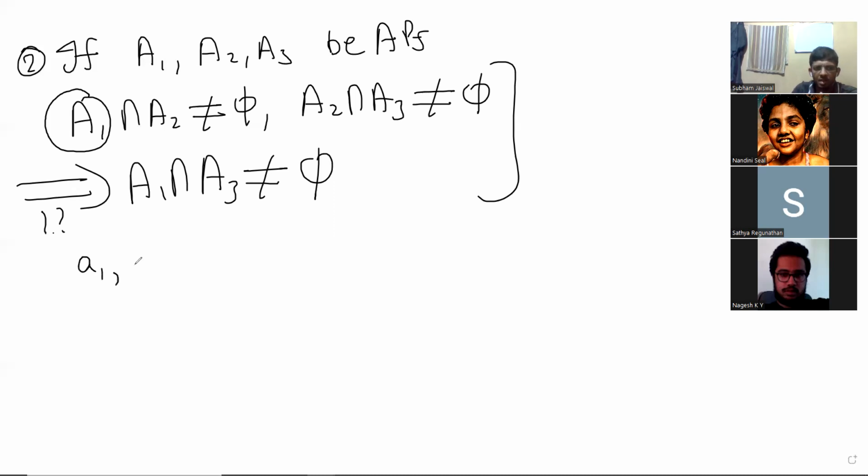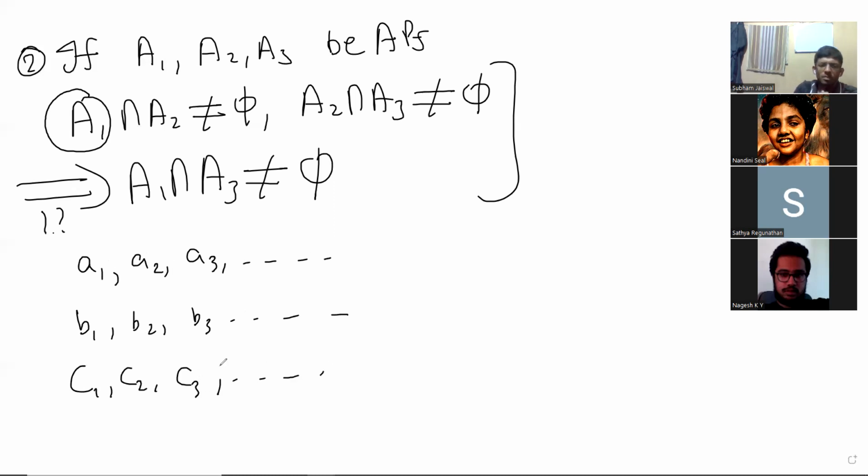You have this AP, the first one. Now you can start writing it in this way if you want to. And then there is a second one, and then there is a third one. These two have something in common. These two have something in common. And the question is, will the first and the third also have something in common?